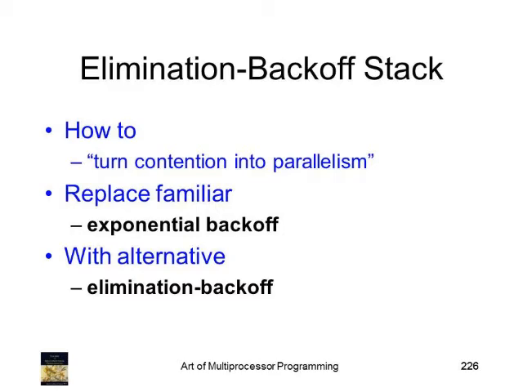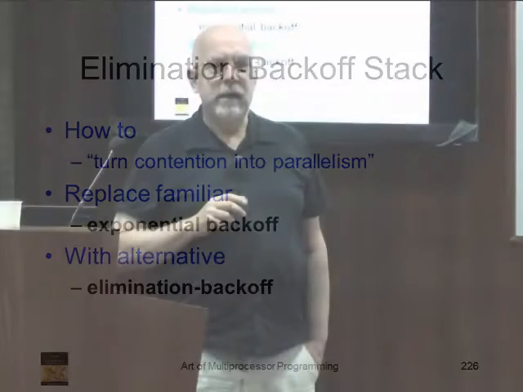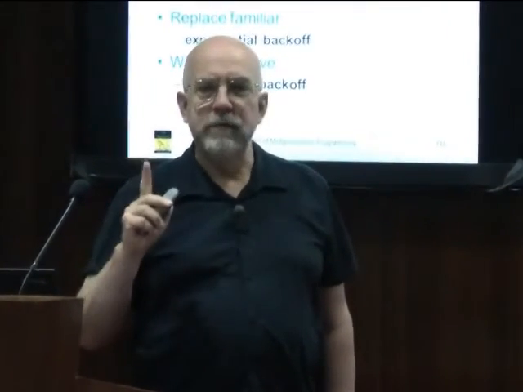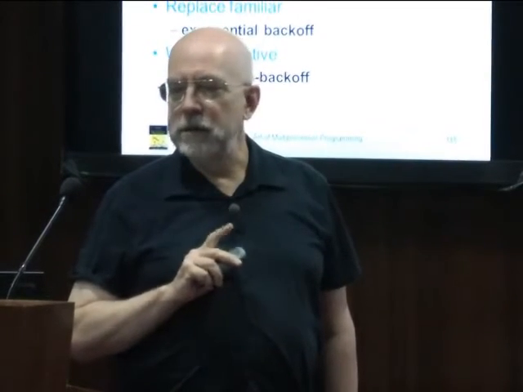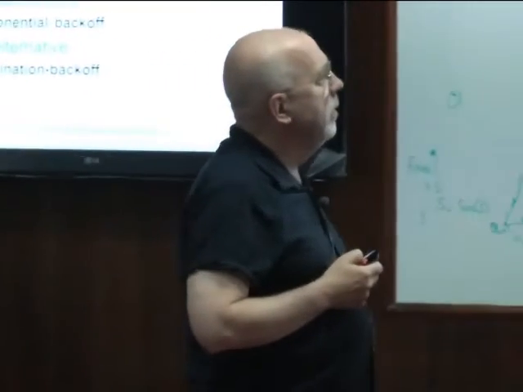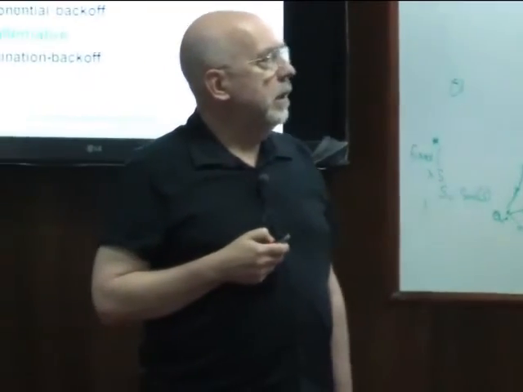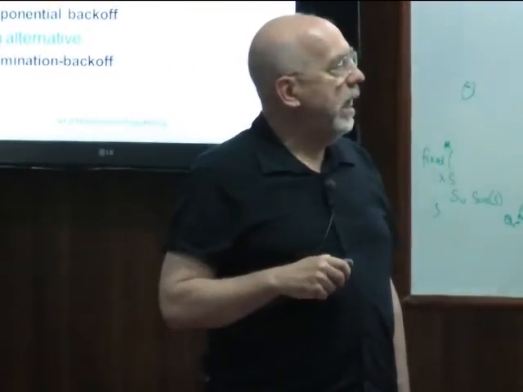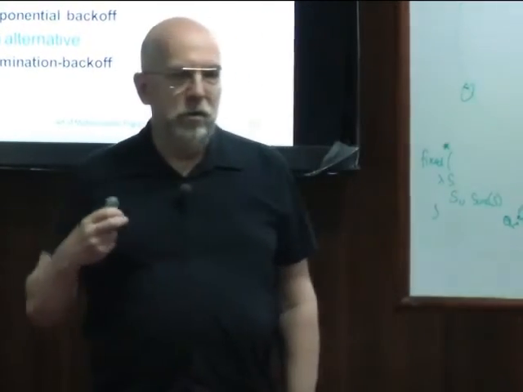So what I'm going to tell you is how to take contention and turn it into parallelism. This is going to have the paradoxical effect that the more contention you have, the more parallelism you have, which is probably not what you were expecting. In many situations when you have contention, one way to alleviate it is what's called exponential backoff.